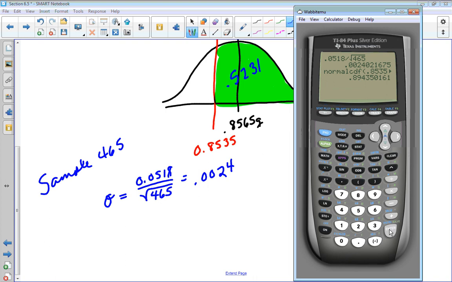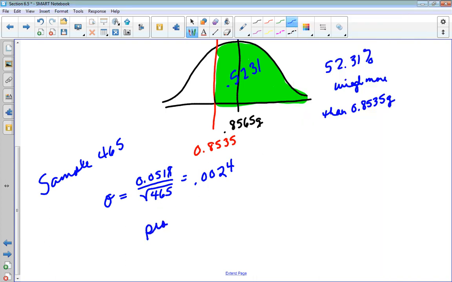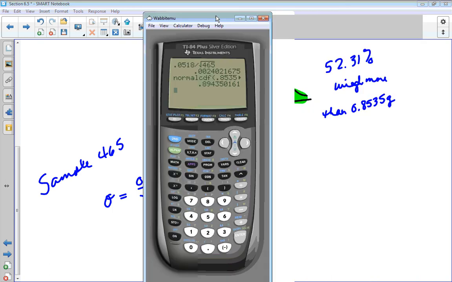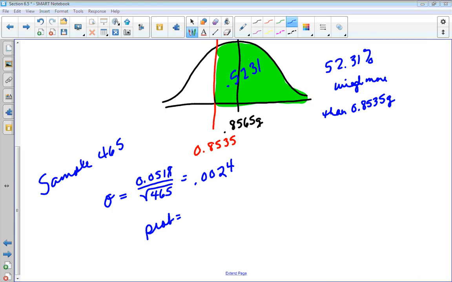And I'm going to get that that area would then be the probability, I got 89, I remember that, 89.44, or 89.44%.